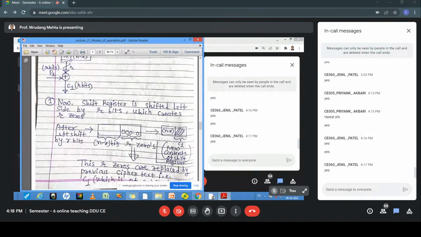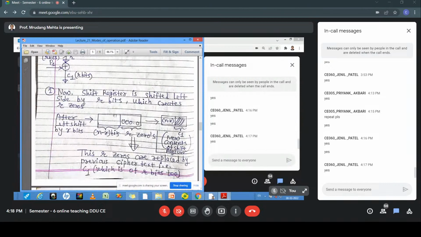So we perform a shift operation on the shift register, shifting it left by r bits. If we shift r bits to the left, on the right-hand side it generates r zeros.